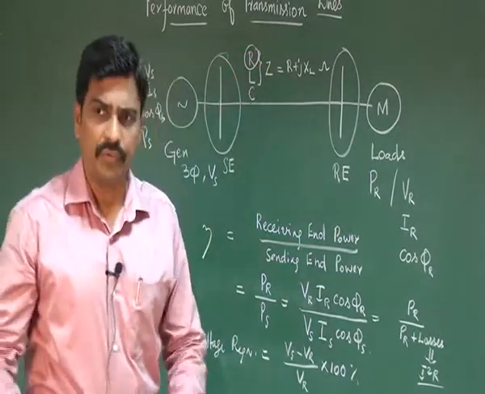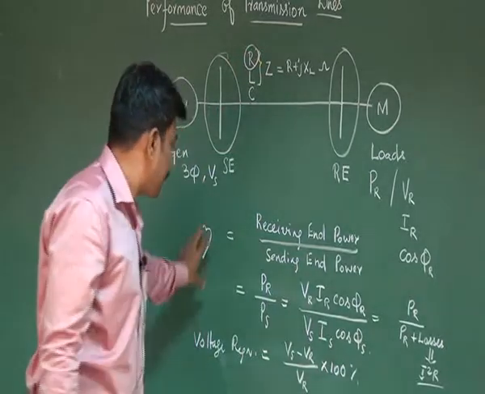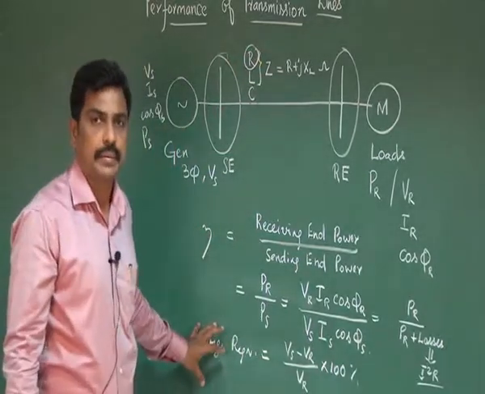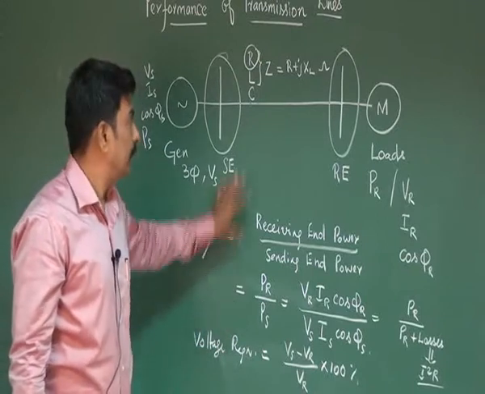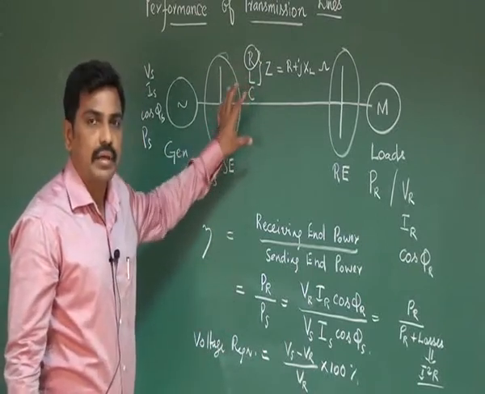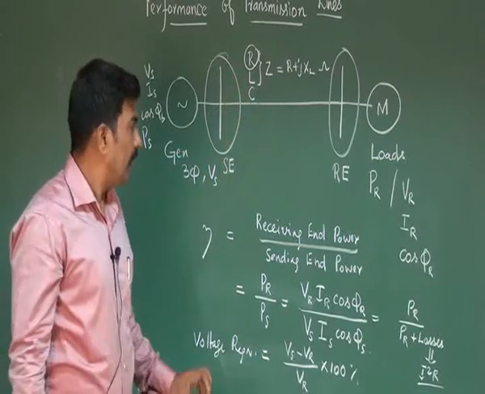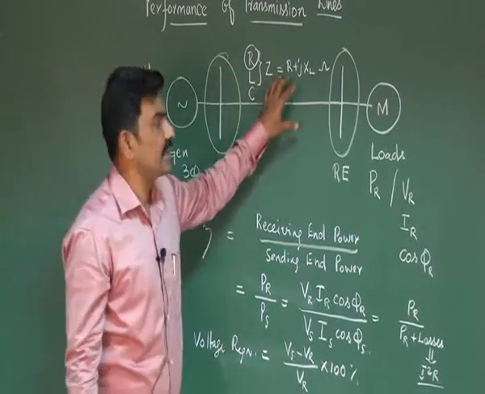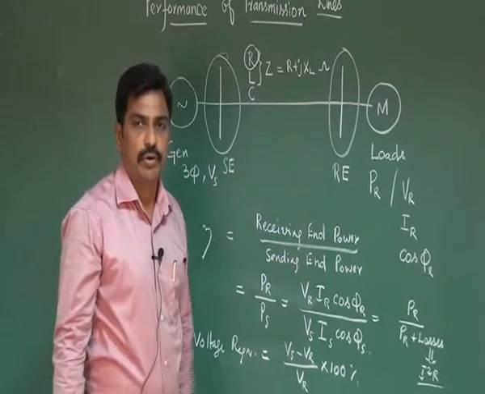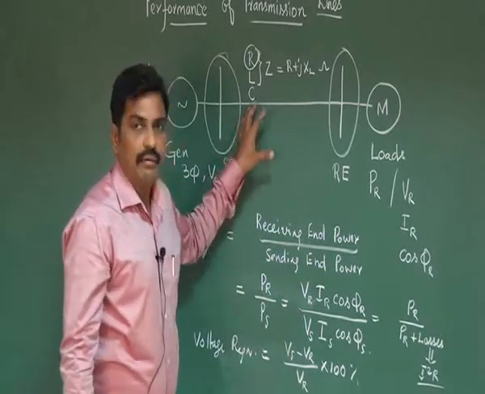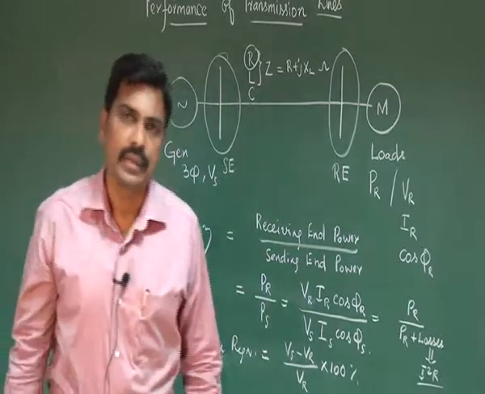Okay, now we know how to obtain efficiency and voltage regulation. These two parameters mainly depend on three major constants R, L and C. Right. Now suppose you have only series impedance, there won't be any problem in determining voltage drop. But actually we have a shunt capacitance.